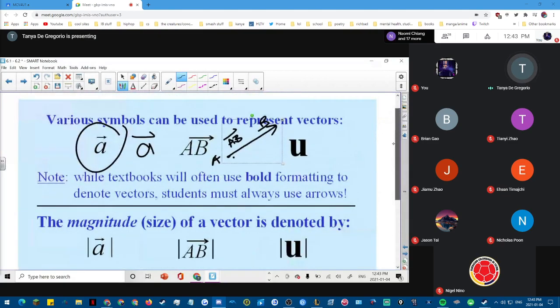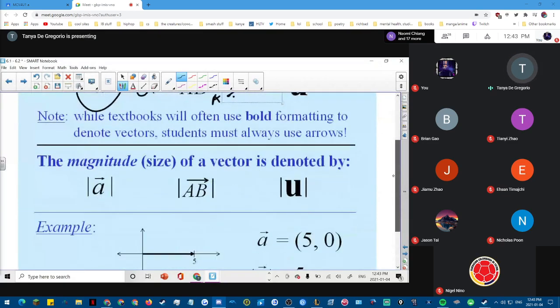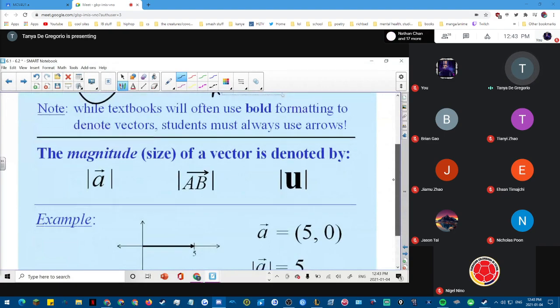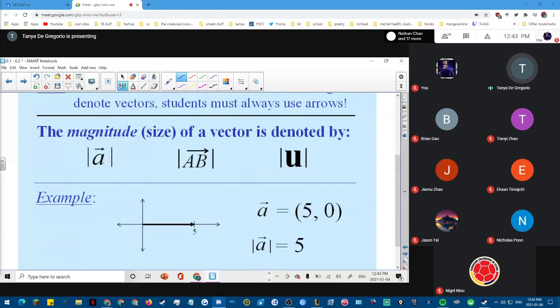So where was I? So there you go. You guys always have to use arrows. Always, always, always. Now, if you want to know the size of a vector, then you're going to find its magnitude. The way that we know we're talking about the magnitude or the size of a vector are the absolute value bars. These absolute value bars tell us that we want just the length of it, just the size of it.